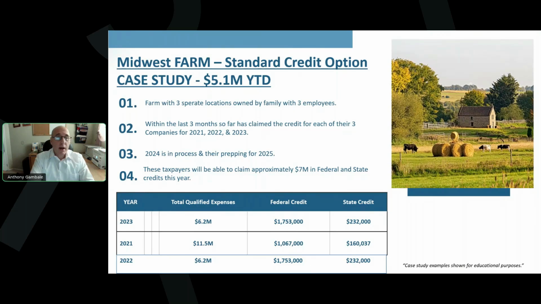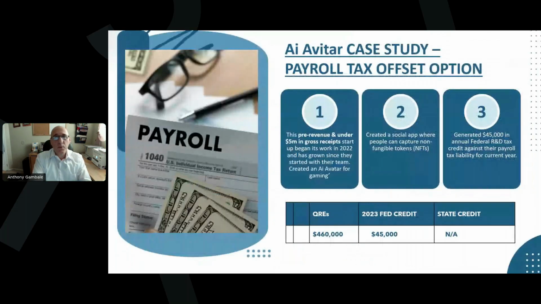Okay. Now, in addition to credit for prior years, what about if you're a new company? If you're a new company, you can offset with payroll taxes. So here's an example of a new company, really not profitable yet, not really paying taxes, but they can use those credits towards payroll taxes.